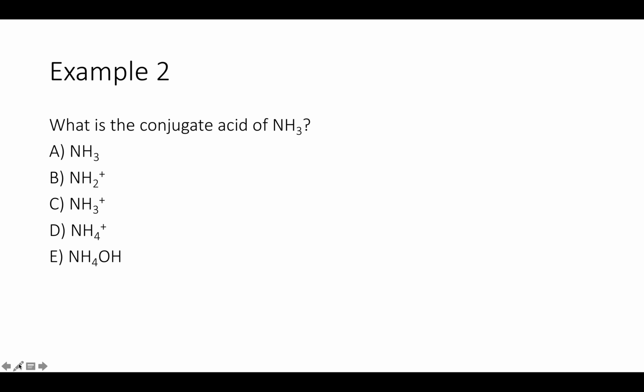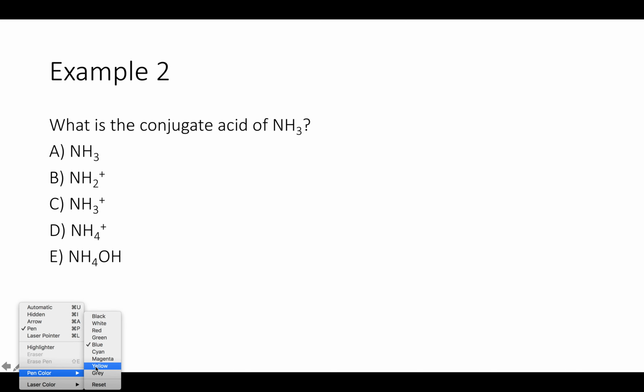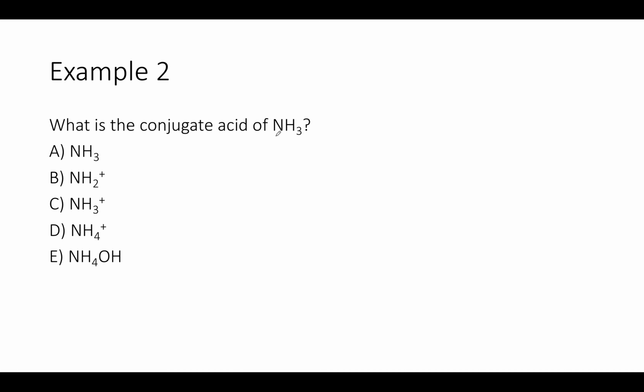Okay, what's the conjugate acid of NH3? Well, NH3 is a weak base. So when you're dissociating a weak base, there are two things you have to keep in mind.